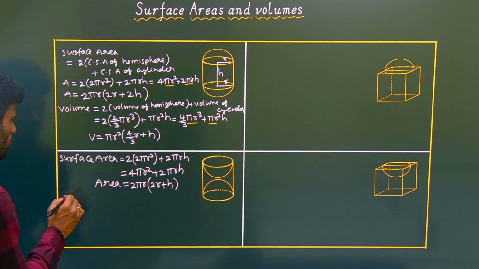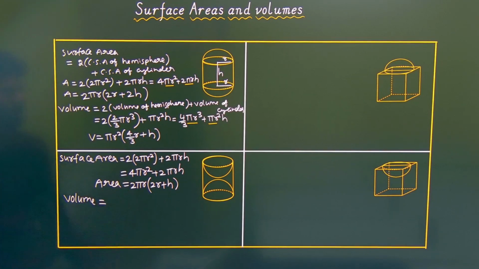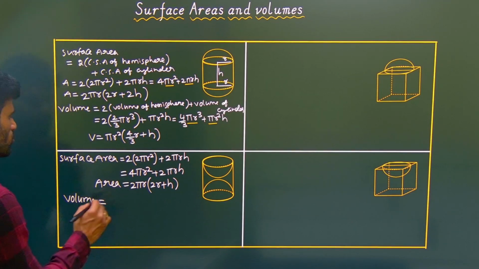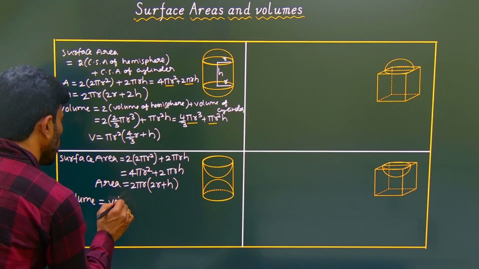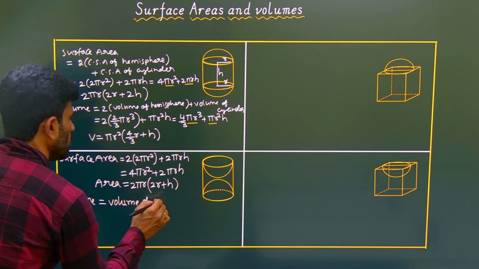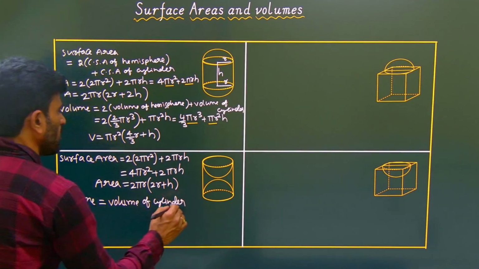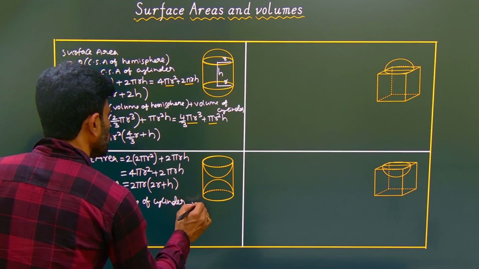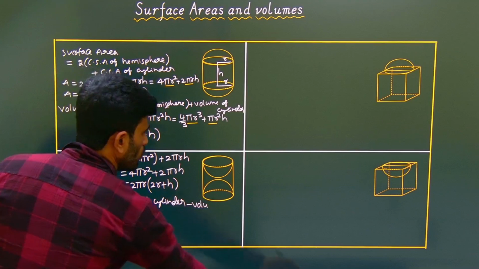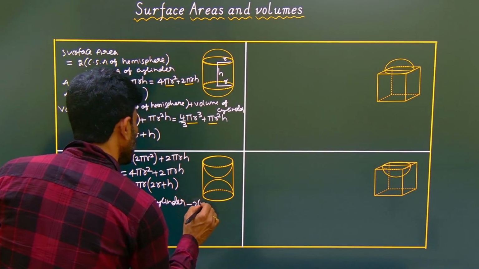Now volume. But for volume there will be a difference, because the space will be decreased when you remove two hemispheres. So what will the volume become? Volume of cylinder. We have to be careful here. When it is surface area, there is no difference, but when it is volume, you should subtract 2 times the volume of hemisphere, not 1 time.